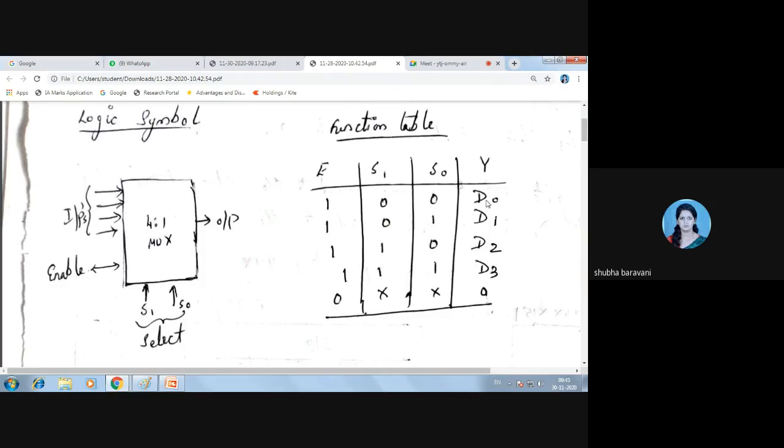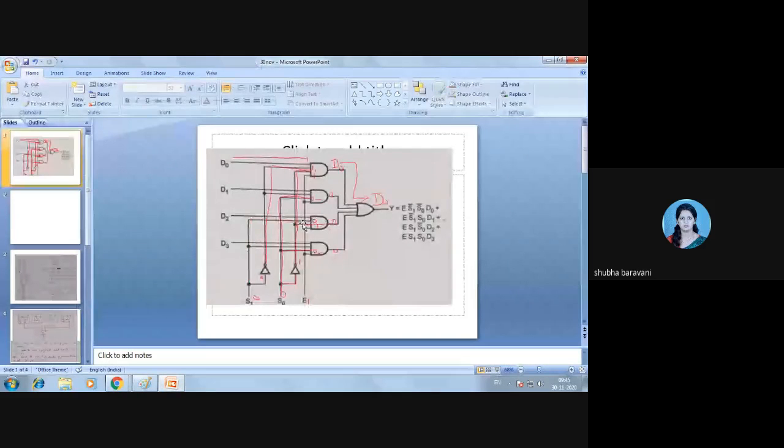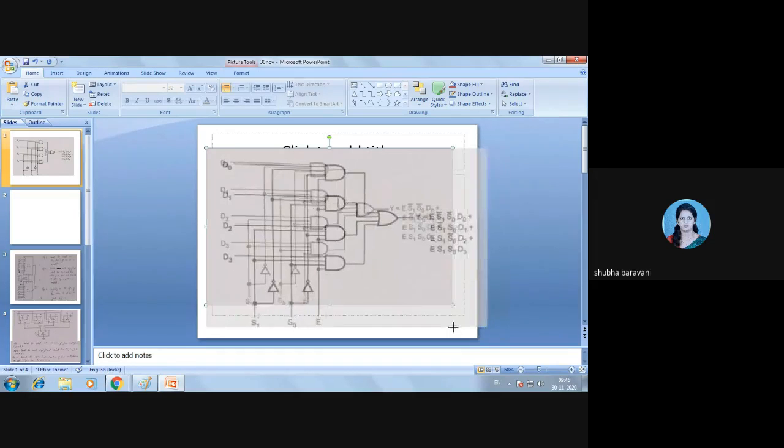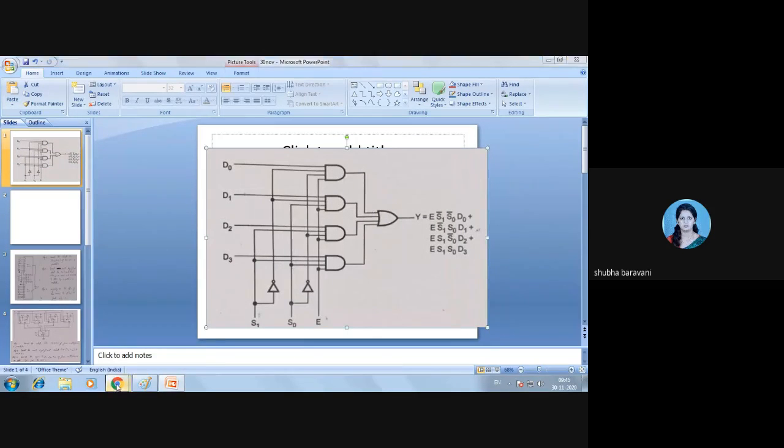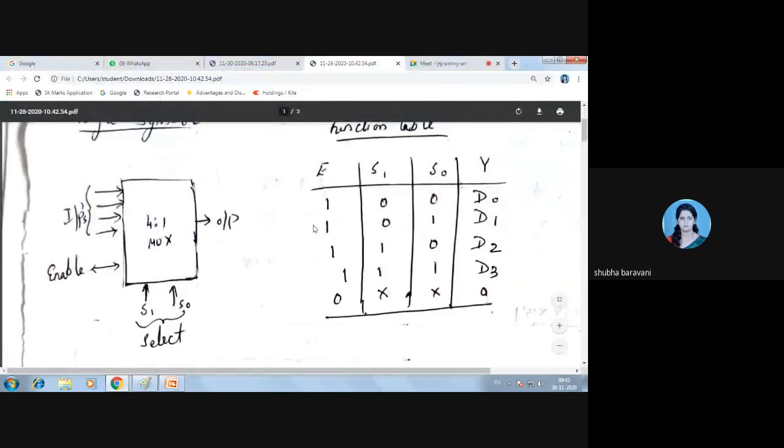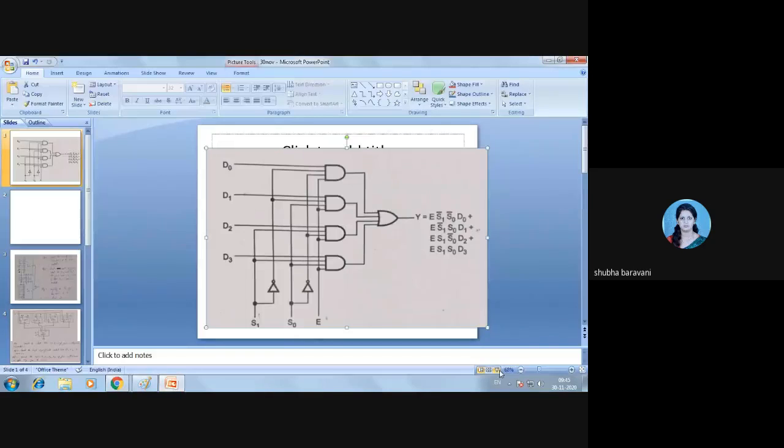Ankita, now is that clear? Yes, ma'am. Okay, if you want, we'll analyze the second part also. One more case we'll see. Now here we'll see the next case, your enable by default being 1, S1 is 0 and S0 is 1.